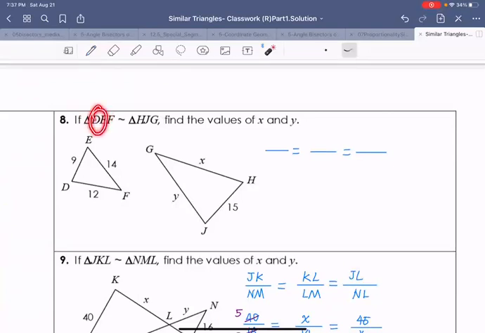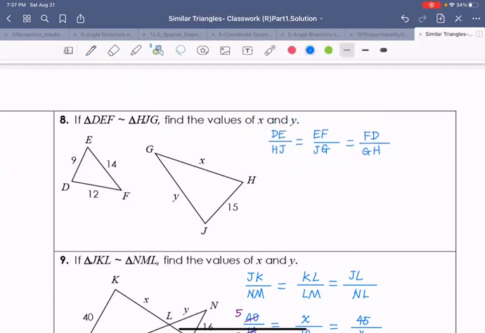Let's start with D, E, H, J. Let's write the letters first, then we plug in. DE over HJ is equal to EF over JG, and then FD over GH. Very good.